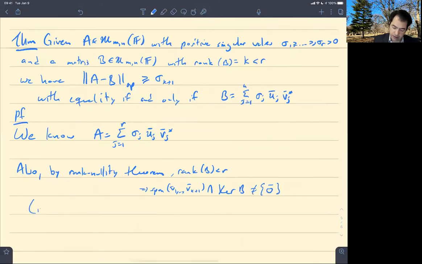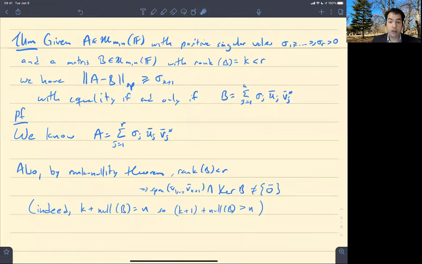All right, so why is that? Well, the rank nullity theorem tells us that K, which is the rank of B, plus nullity of B is equal to N. So if you do K plus 1 and add the nullity of B, this is greater than N.